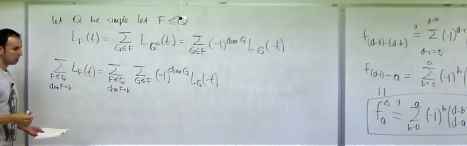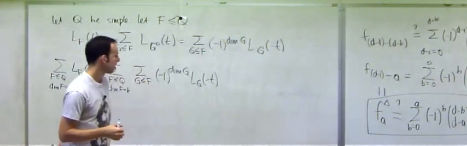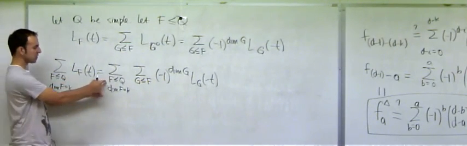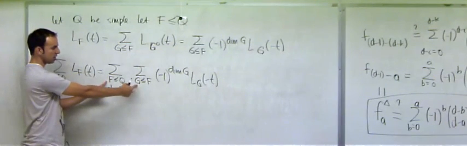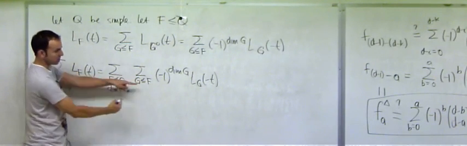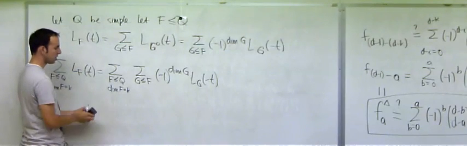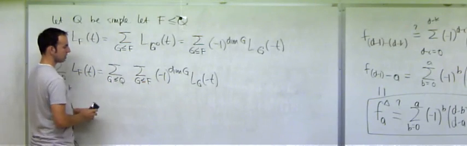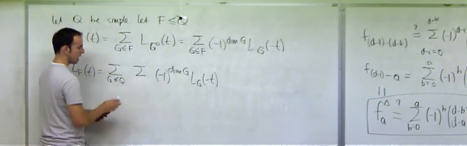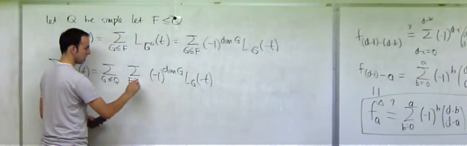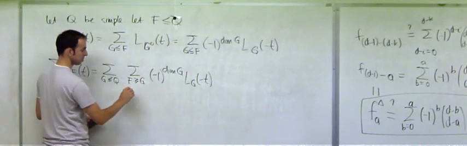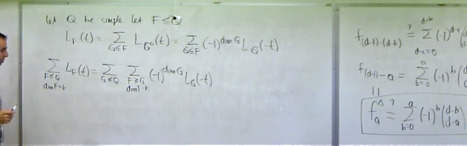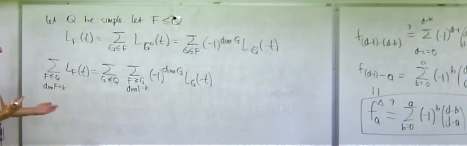And now I'm going to ask you to look up because I'm going to erase some things on the board. So the first summation is over f, the second summation is over g a face of f. So I'm just going to reverse the summation and write the first summation over g and the second summation over f a face that contains g and has dimension k. Okay. So I just switched the order of summation between f and g.